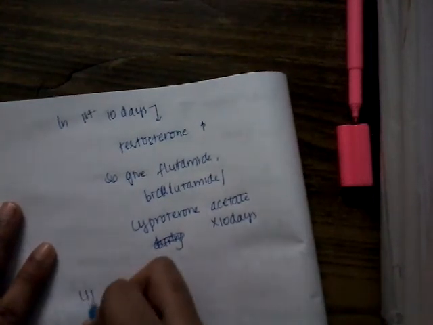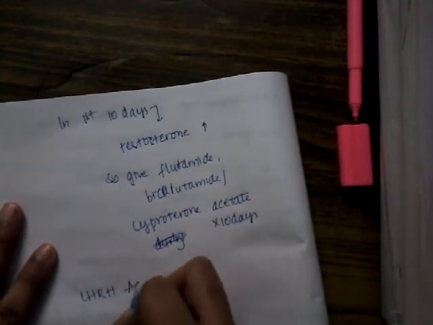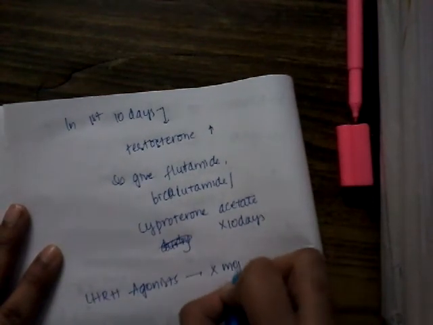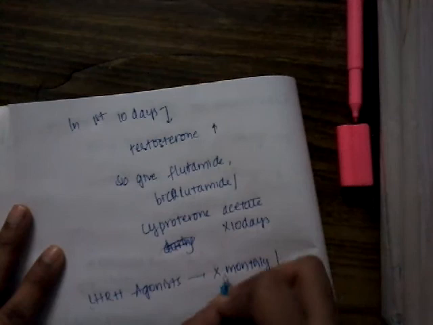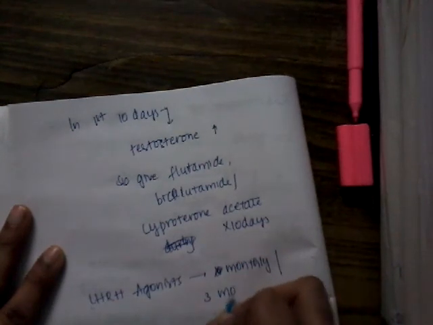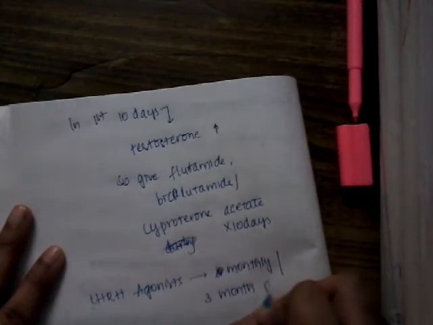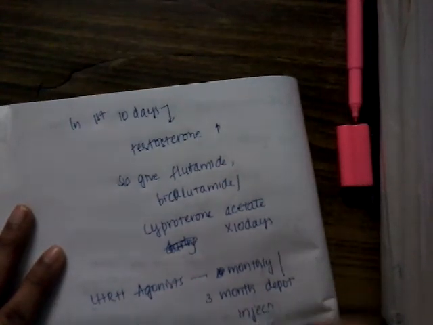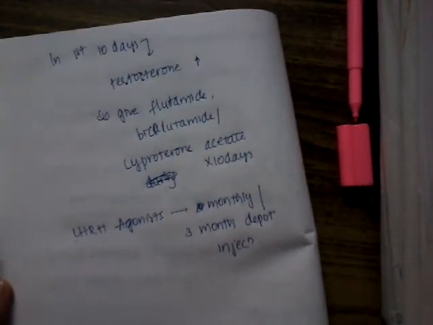And then LHRH agonists are available as monthly or 3-month depot injection. So they can be given in any way.